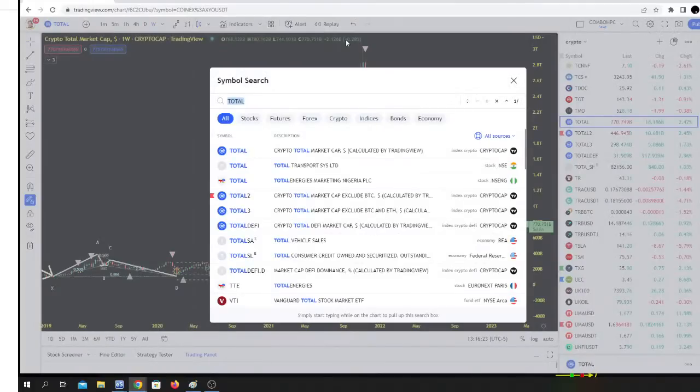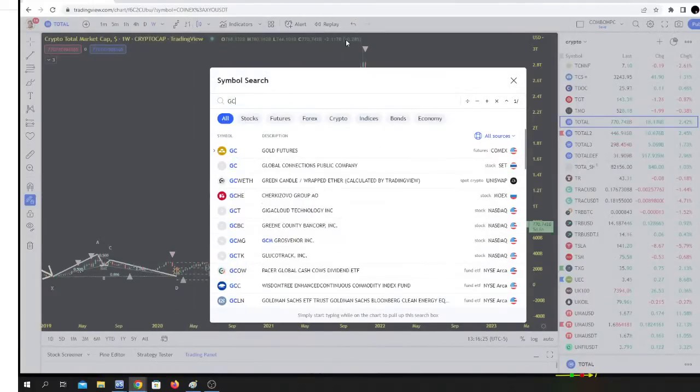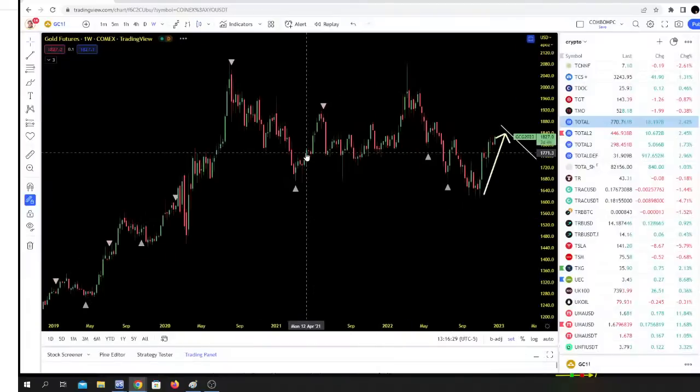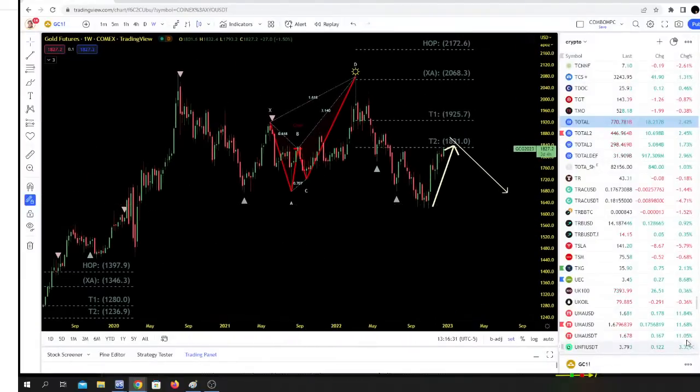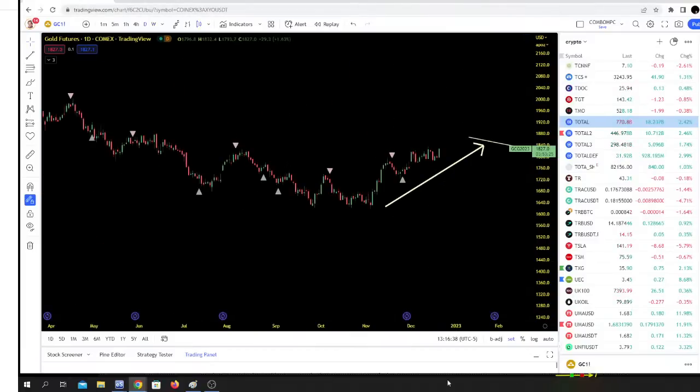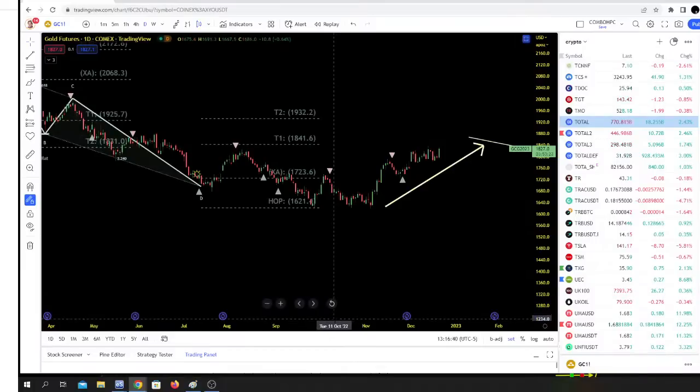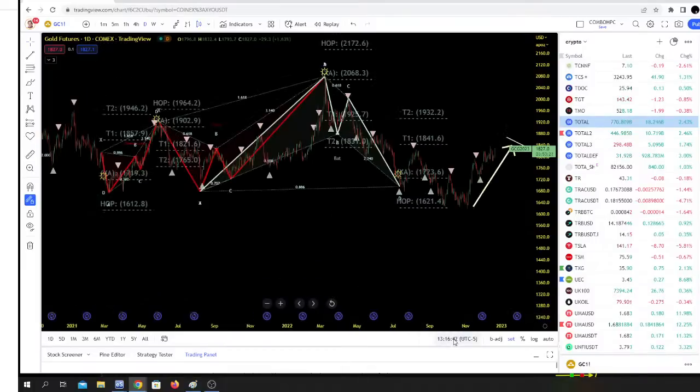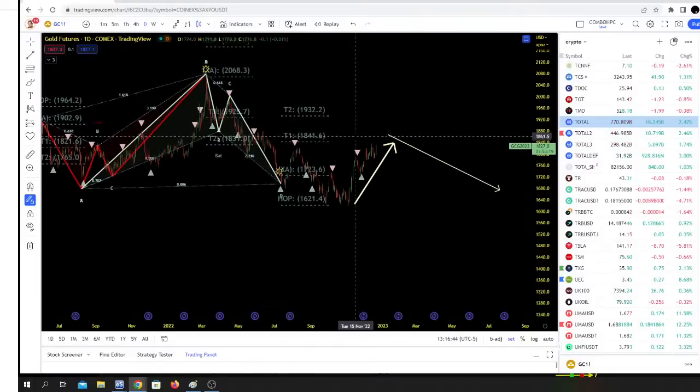Quickly, in light of gold, in light of the dollar and all the interest rate stuff, what's gold doing? Commodities, precious metals. There's COMEX gold futures. On the daily, we have some patterns down here. There you go, a bat pattern about to hit target 1, 1841. This was drawn way back when.